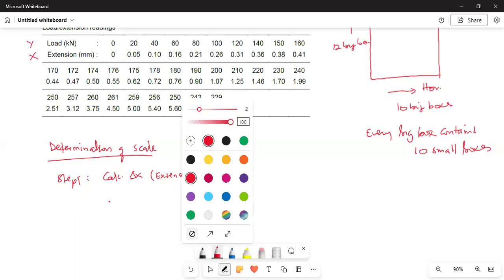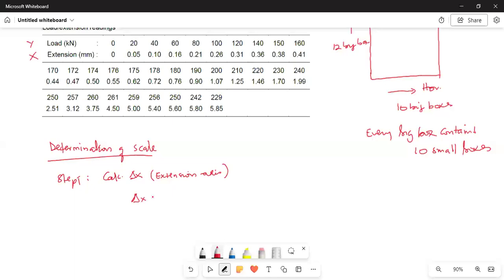So here, this is what we're going to do. Calculate change in X. So change in X is equal to maximum value minus minimum value.